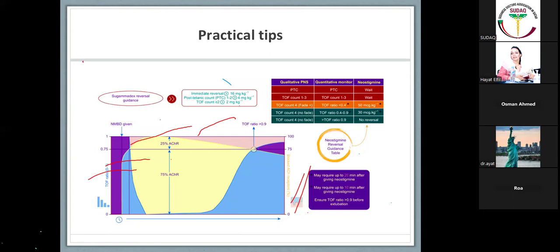But for a moderate block, that's a train of 4 count of 1 to 3, or a shallow block with a train of 4 ratio less than 0.4, then neostigmine reversal time might be very long, up to 30 minutes actually, and you might need 50 mcg per kg compared to when you have a train of 4 of more than 0.4. So generally, to reverse with neostigmine, we will wait for a train of 4 ratio of more than 0.5.